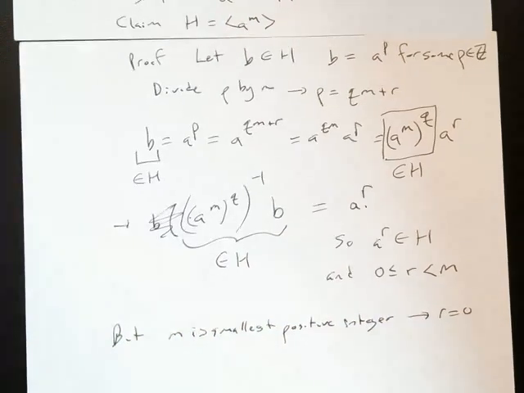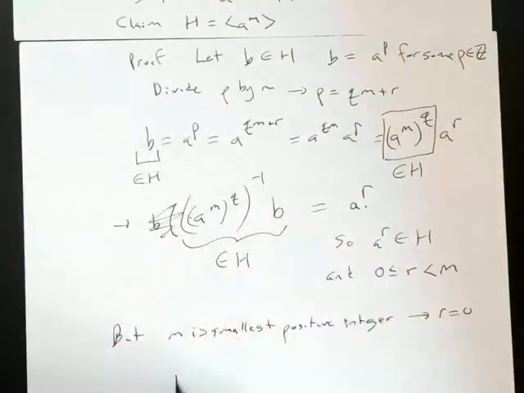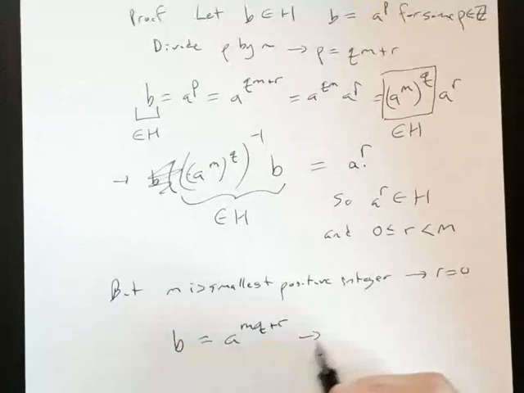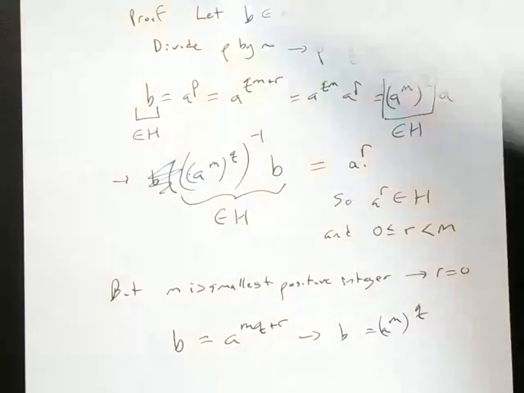Hey, wait a minute. If R equals 0, I go back up here. B is equal to A to the MQ plus R, but you just told me that R was 0, and that means that B is A to the M to the something.